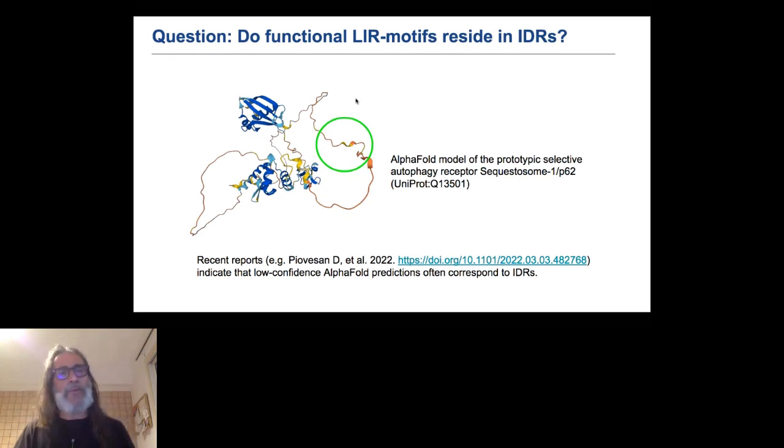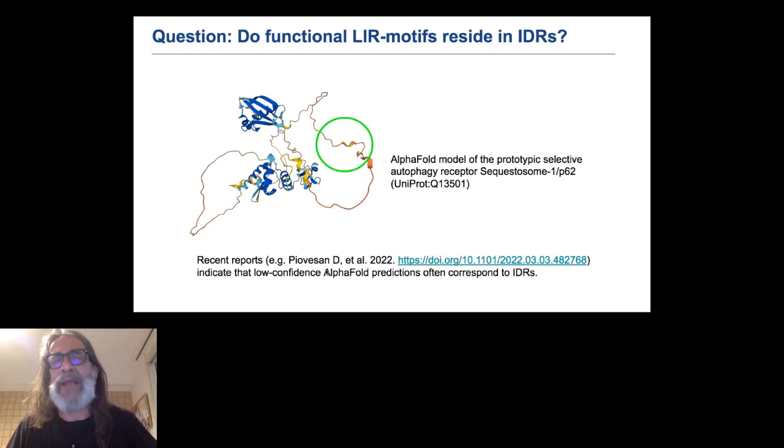What I will present today is work related to AlphaFold predictions, and related to the talk by Lucas Corgan earlier this morning. In an AlphaFold model of a prototypic selective autophagy receptor, protein P62, we can see that the region where the LIR motif resides and the flanking regions is one of low confidence prediction, which has often been implicated in or corresponding to intrinsically disordered regions.